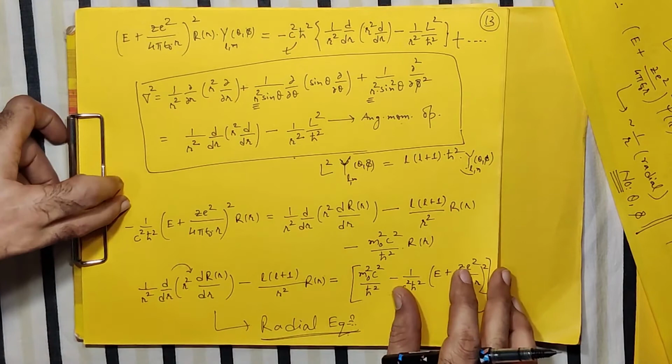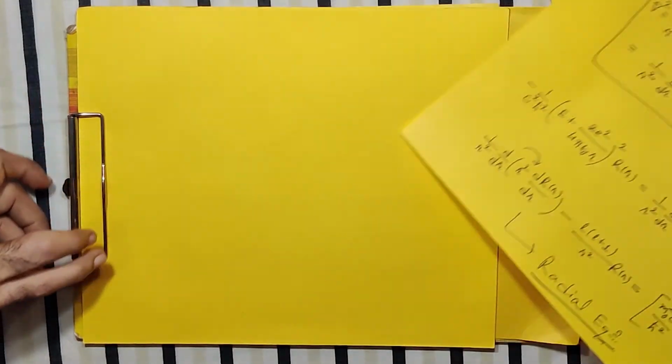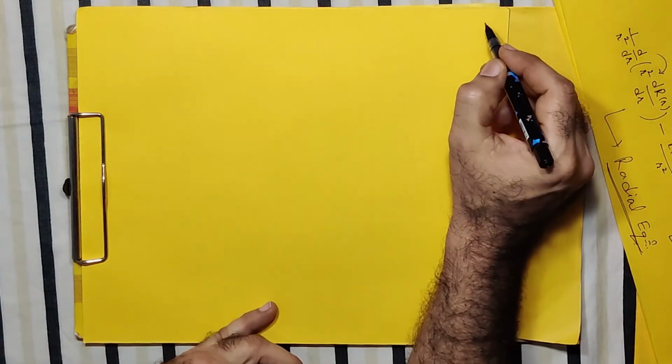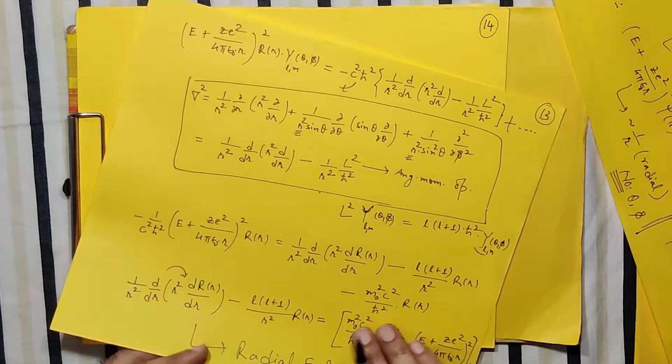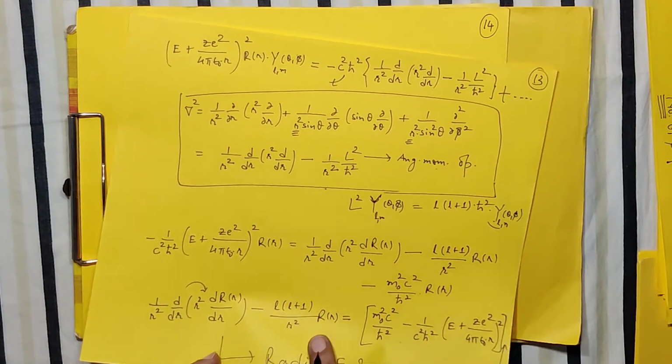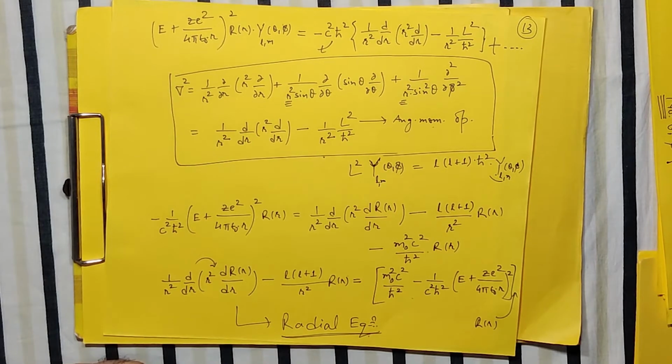In order to do that, the common practice, and it is also required, is that we must first convert this radial Schrodinger equation into dimensionless form. And the purpose is very simple, because such second order linear differential equations are already solved in mathematics.